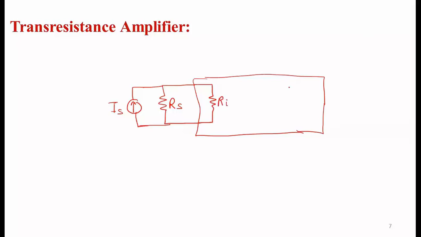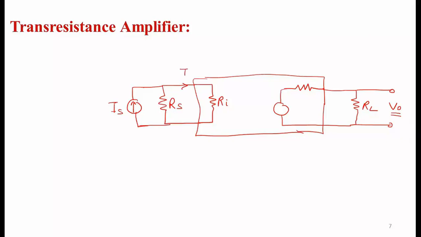In the output section, we have the voltage, so we will draw its Thevenin equivalent circuit. This is the gain of the amplifier, and this is the load resistance. Here we will have the voltage, that is the V node.